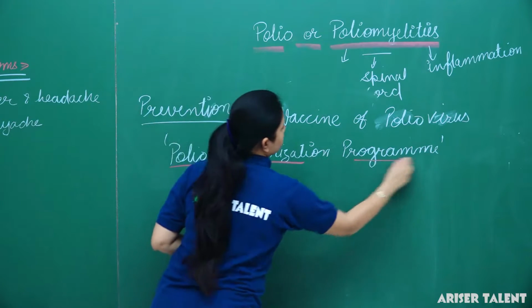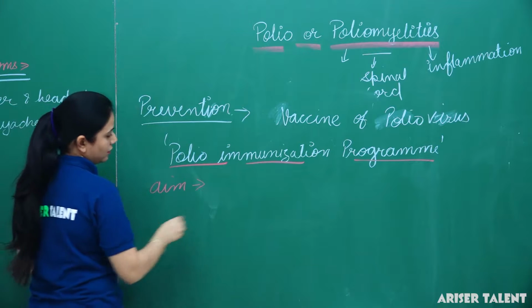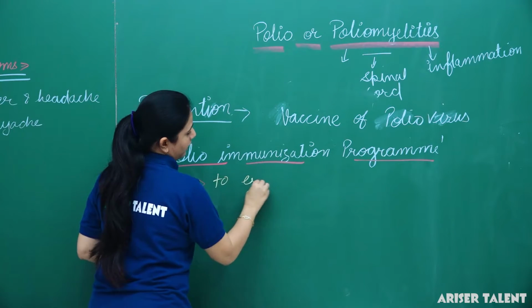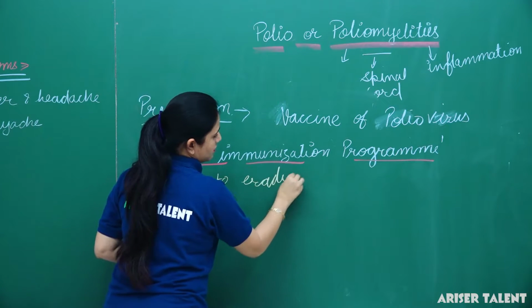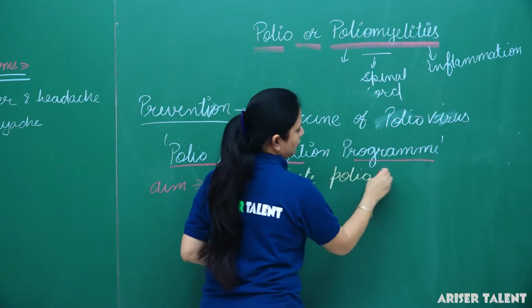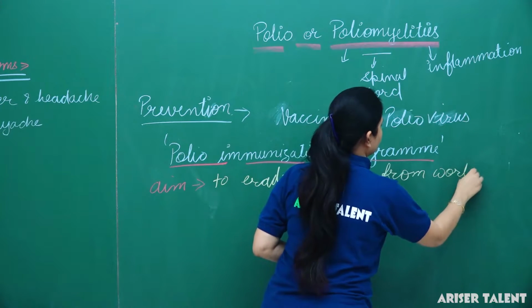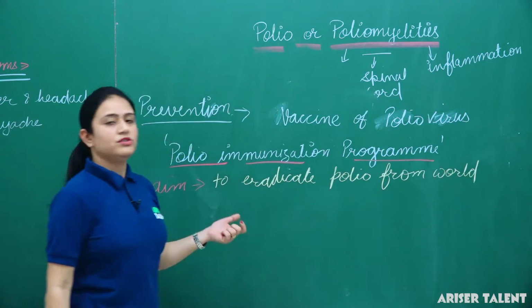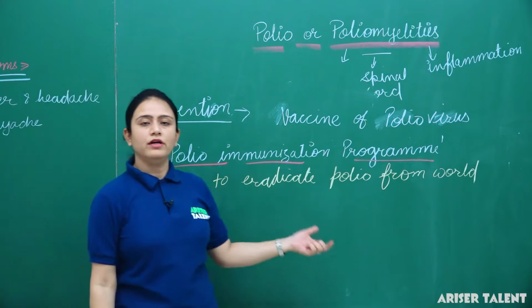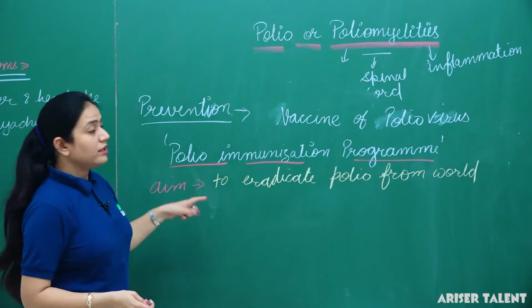What is the aim of this program? The aim is to eradicate polio from the world. In this program, children under the age of 3 years are given polio doses in a single day throughout the nation.